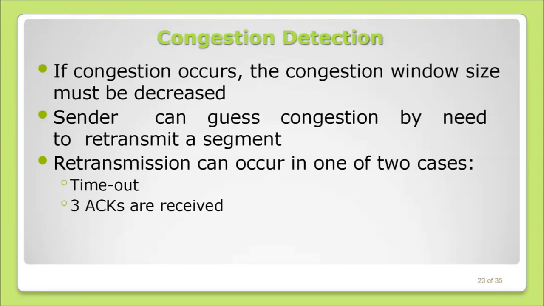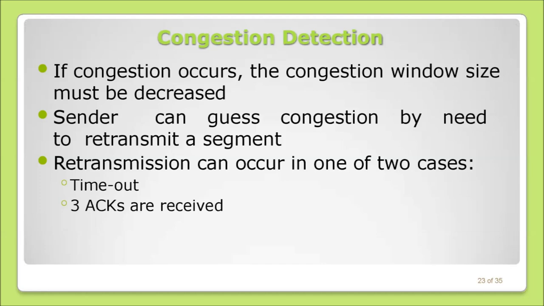The last point, retransmission can occur in one of two cases. First is timeout, as we have discussed in our previous slides. Specific data will be transmitted by the transmitter, and there will be a specific time to receive the acknowledgement from the receiver.